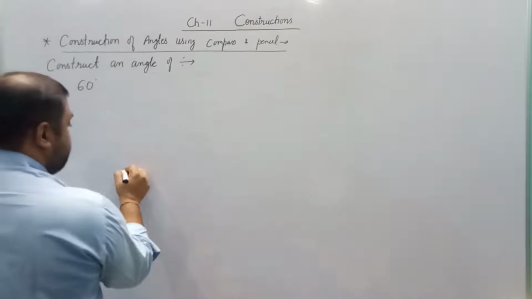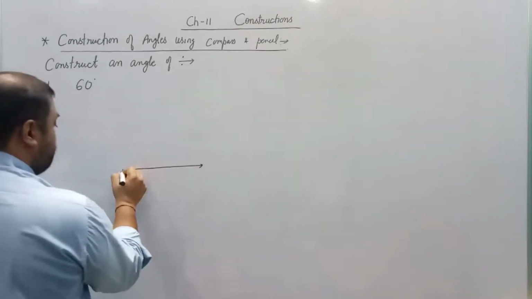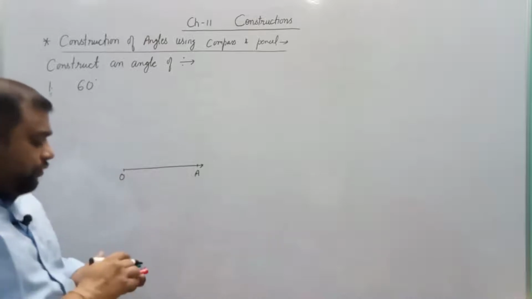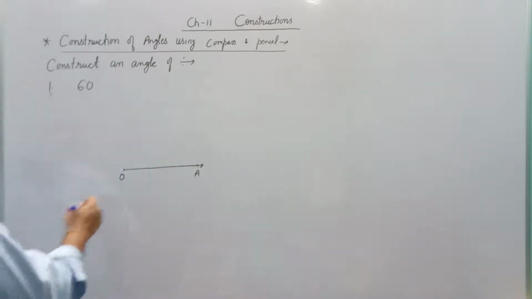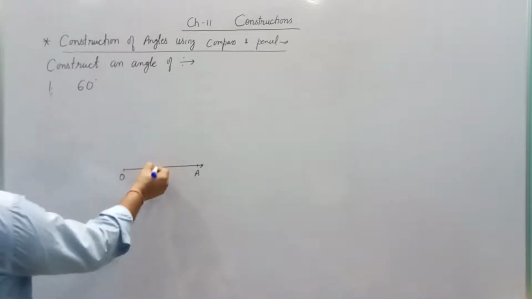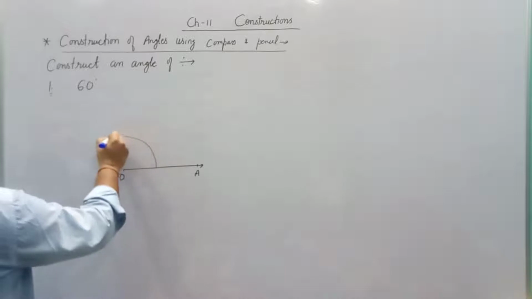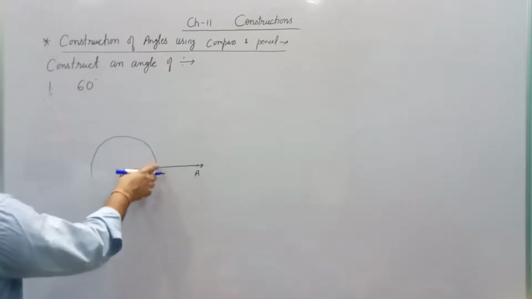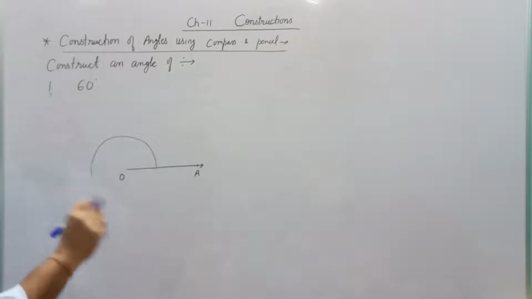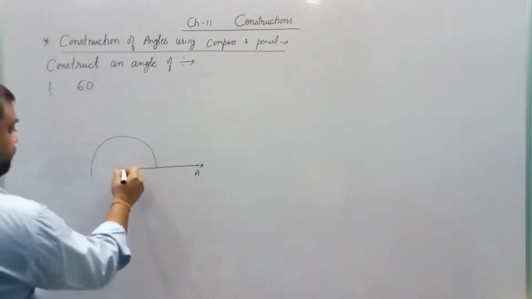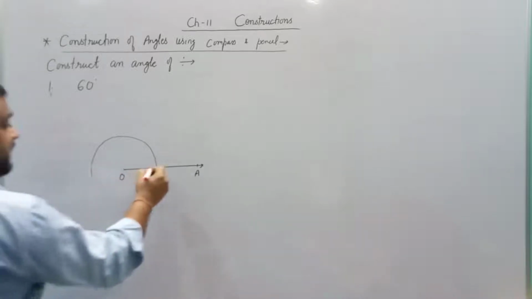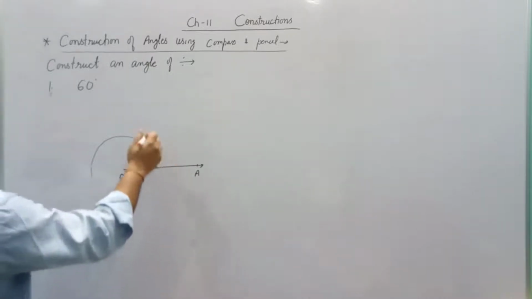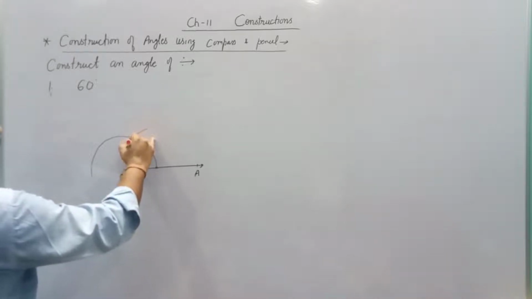Taking O as center and with any radius, draw a semicircle. Now with the same radius, taking this point as center, draw an arc.